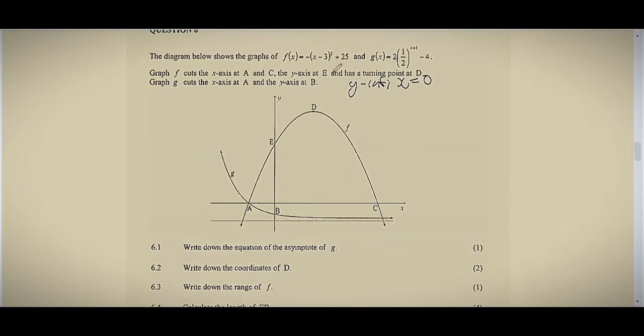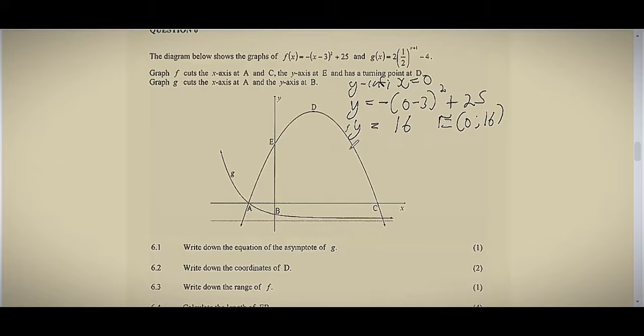Then we go y is equal to negative, and where we see x, we put 0 like that, then plus 25, right? So what are we going to get for that one? Our value, if we punch all this in a calculator, is equal to 16. So that means the coordinates for E are (0, 16).